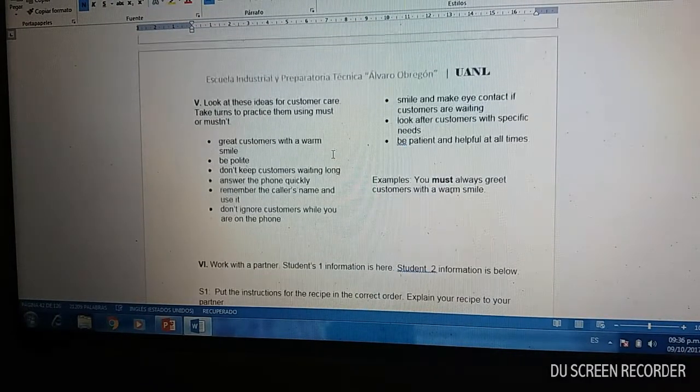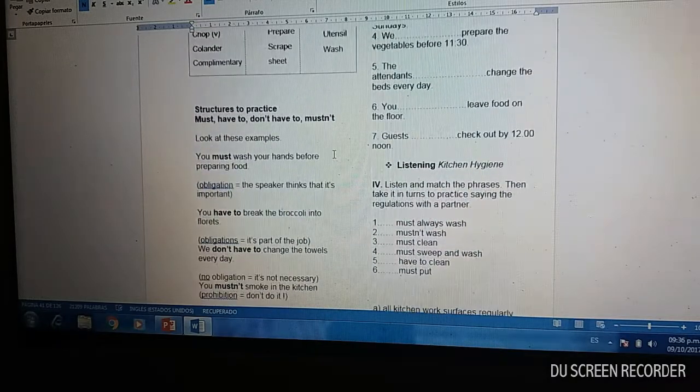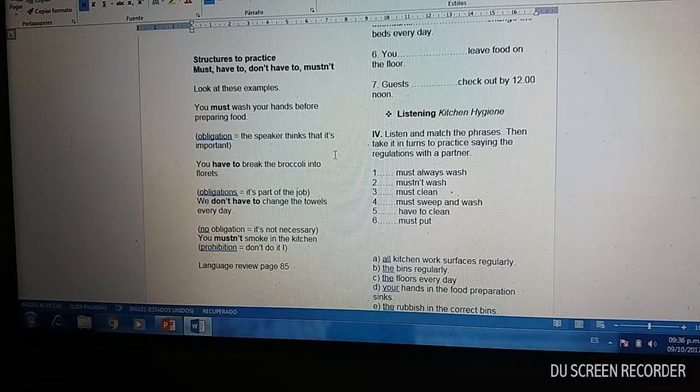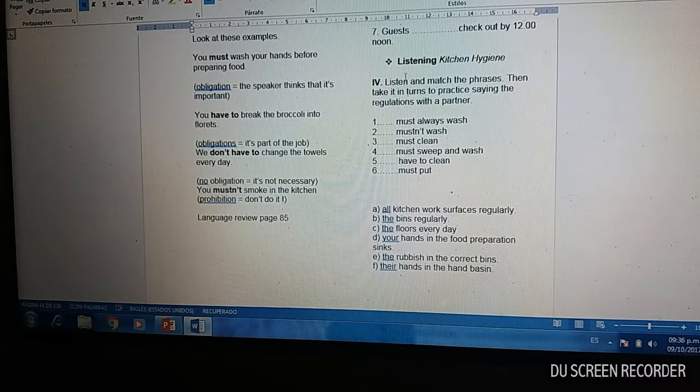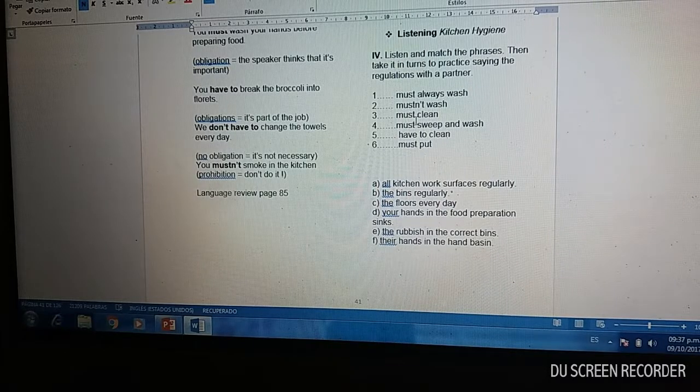All right, guys. Once you solve the activity of the expressions must, have to, don't have to, and mustn't, you will find a listening activity, Kitchen 19, and you have to go to the transcripts on page 80. Page 80, let me check. 81.